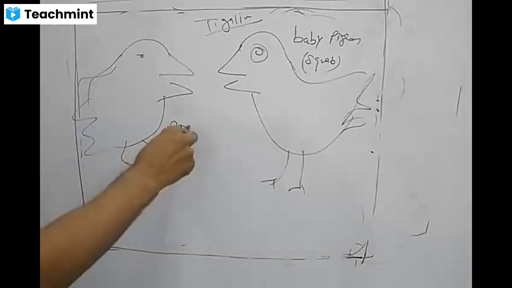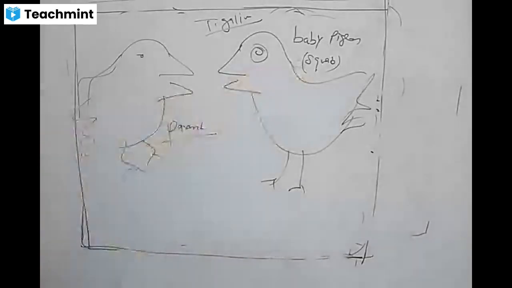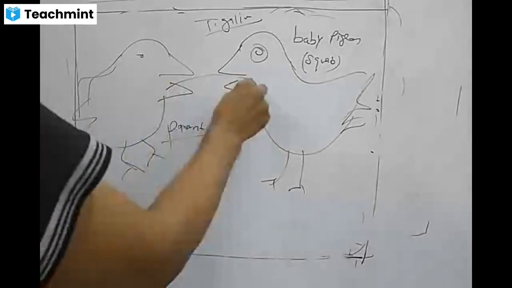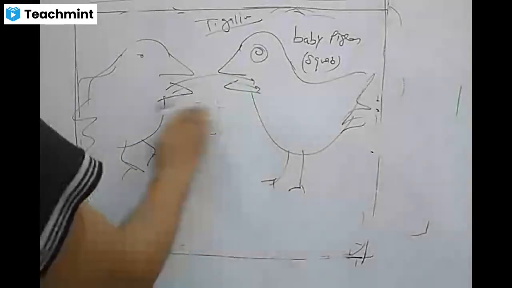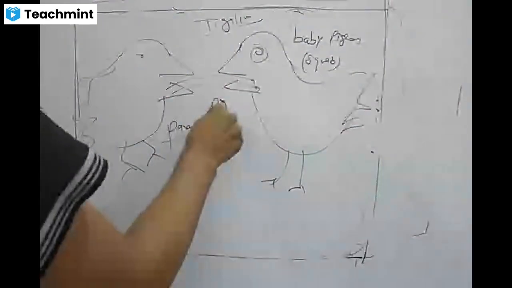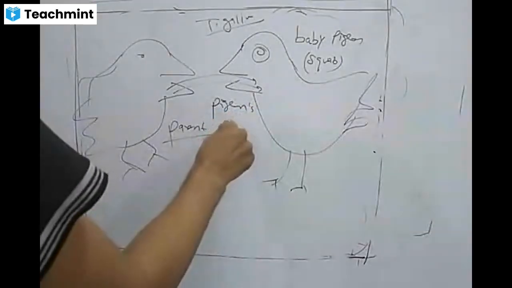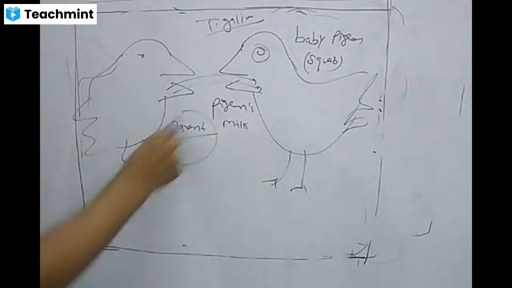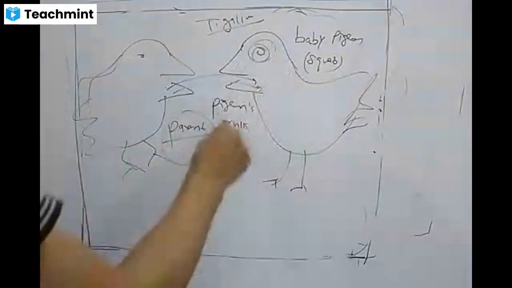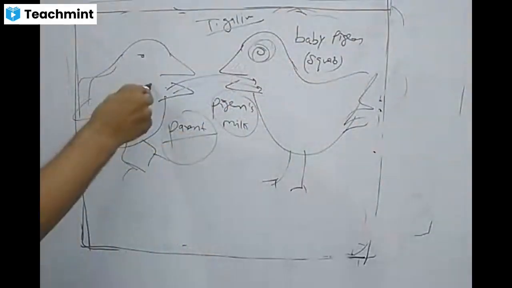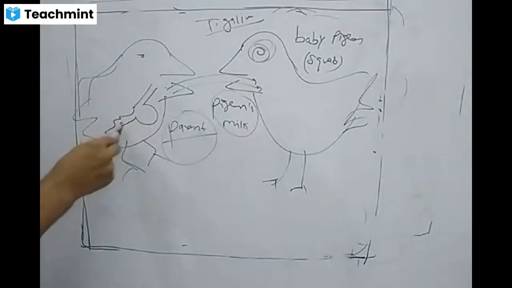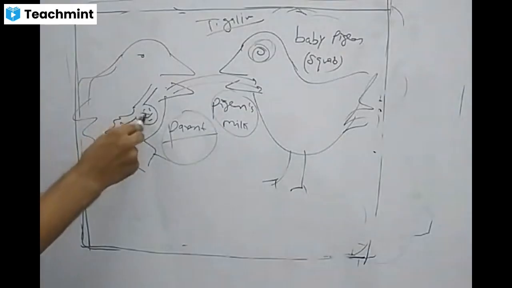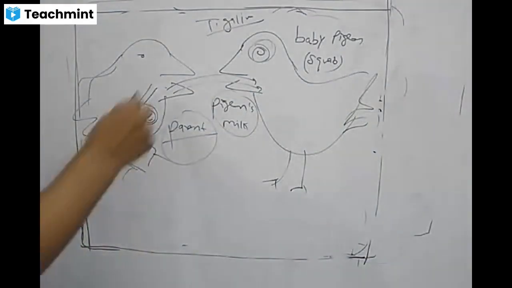This is the parent and this is the baby. From mouth to mouth, what comes out? Pigeon's milk. When the parent feeds their squab through the pigeon milk, if this is the GIT and this is the crop and other structures, inside the crop your Trichomonas gallinae is sitting.